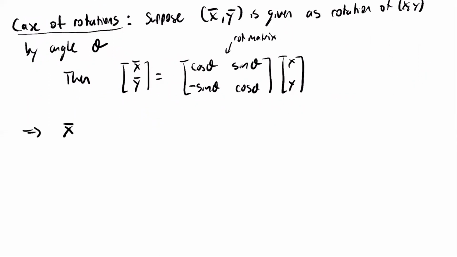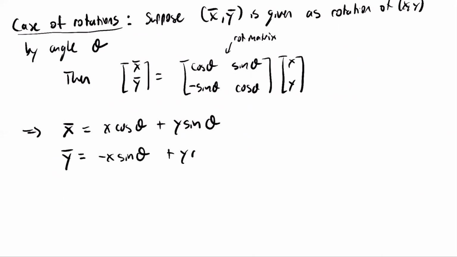In particular, x bar is equal to x cosine theta plus y sine theta, and y bar is given by minus x sine theta plus y cosine theta. All I've done here is write out what it means to apply this matrix to this vector. This is what you'll get if you do that.